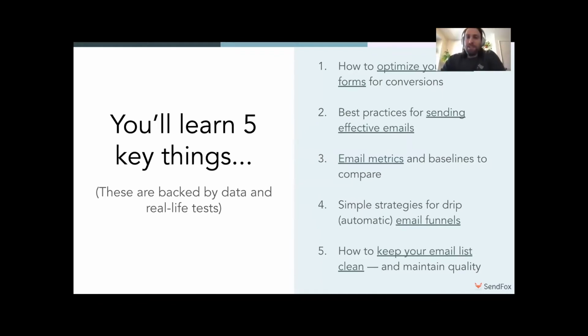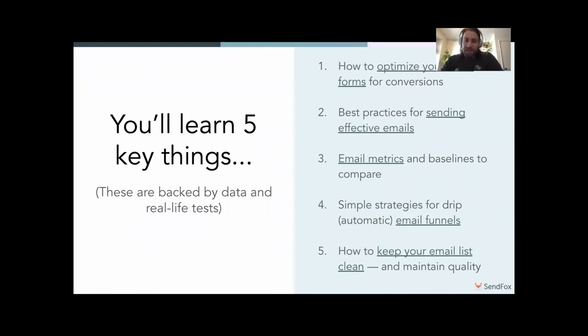The third is, how do I know if my email is successful? So, email metrics and benchmarks to compare, and I will give you real data on what we see internally with our products to get the results that we do. Then the fourth is automatic emails: those drip funnels, automations, and sequences that you've all heard of in some capacity, that get results when you're sleeping, so you don't even have to think about it.